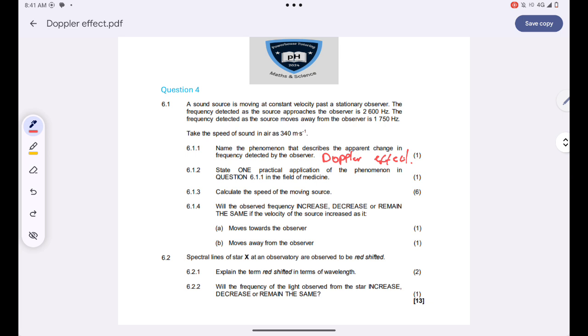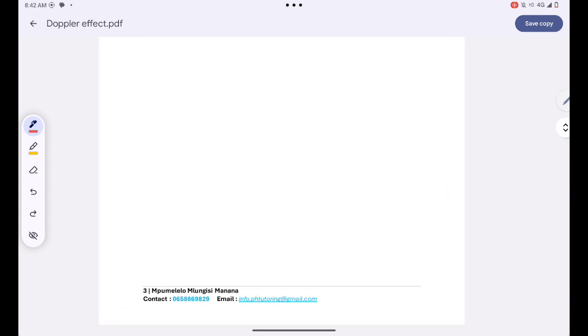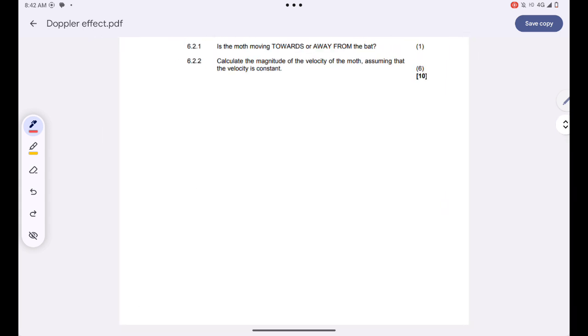And then 6.1.3, they want us to calculate the speed of the moving source. Okay, there are two things that we know over here, guys. Firstly, we have our source. This is our source, and this is our observer.